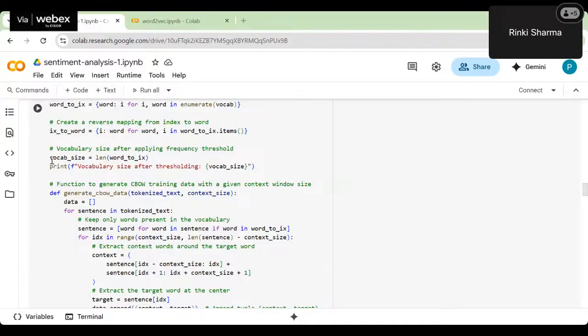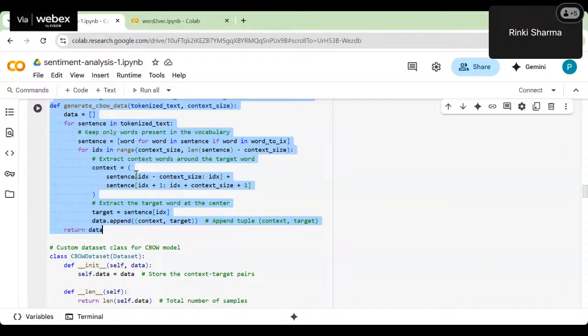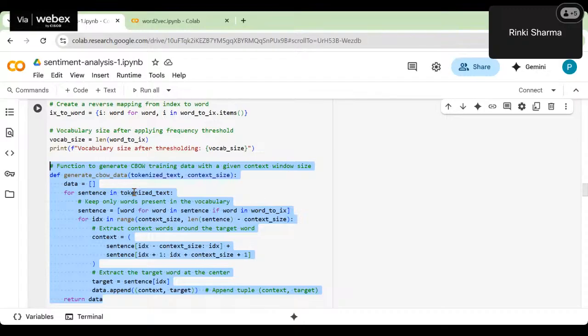We generate the context words around the target word, and the center word is our target word. This is how we generate our CBOW context and target pairs. And now we define our CBOW model. So this is the CBOW model we have defined here.